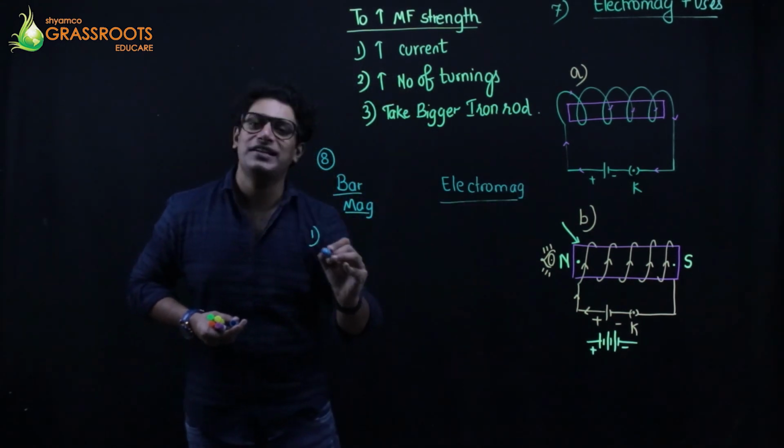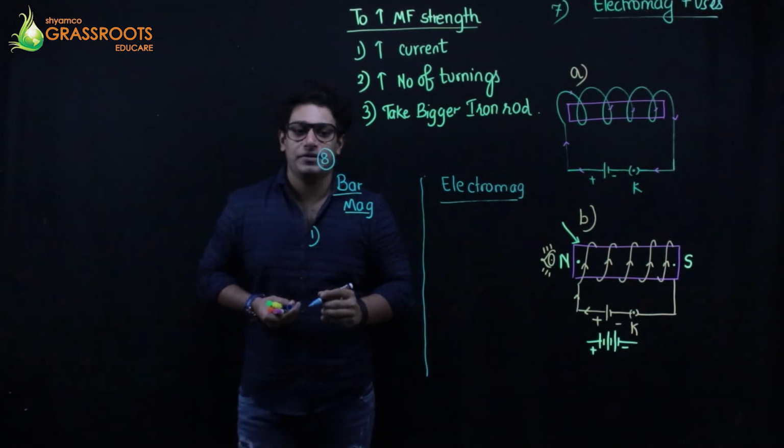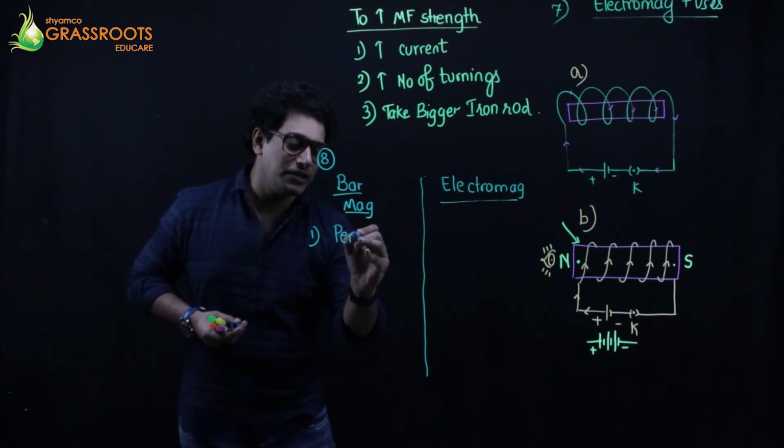So let's understand. I'm just writing the key words, my friends. Differentiating between a bar magnet and an electromagnet. Bar magnet is a permanent magnet.